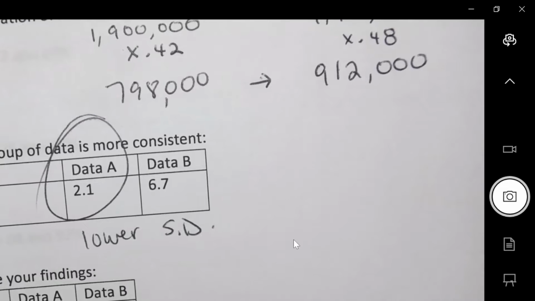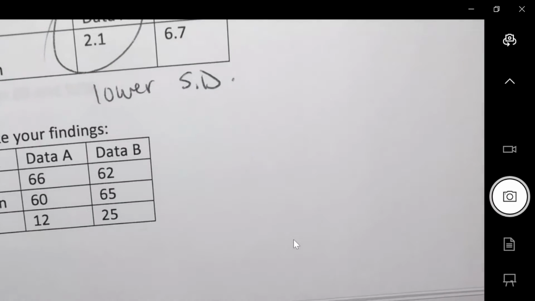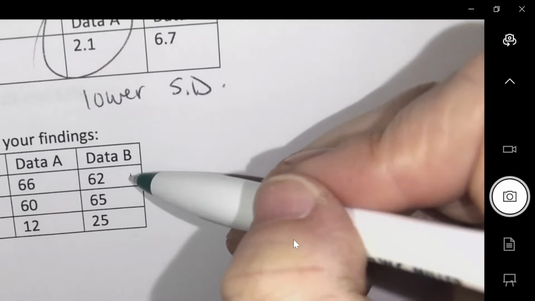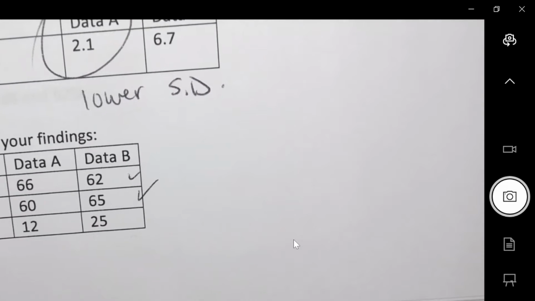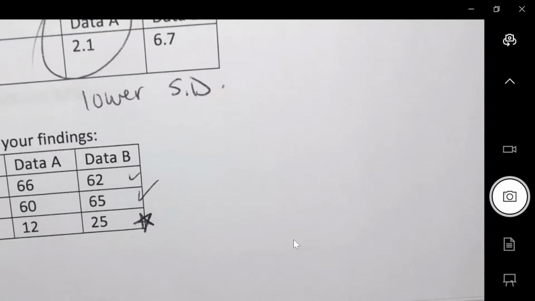Okay, analyze these findings. So these are pretty similar, the mean and the median. Oh, but these are way different. The range. So what does the range also tell us? If your range is 25, you have probably a really small number and a really big number.